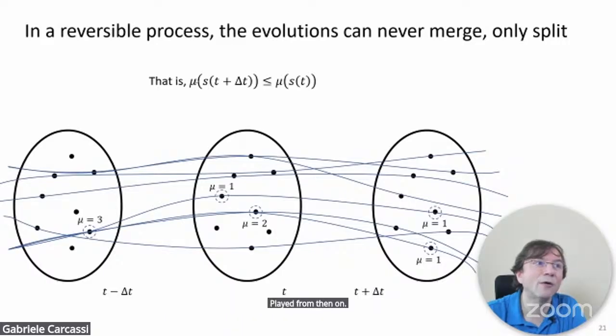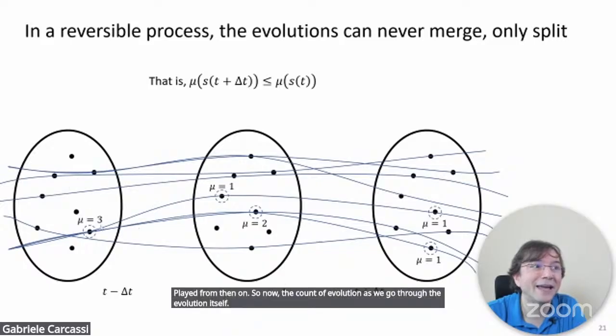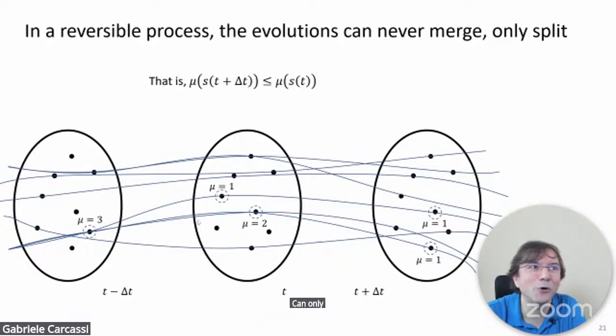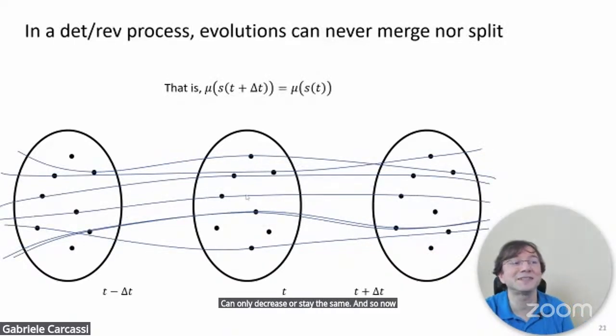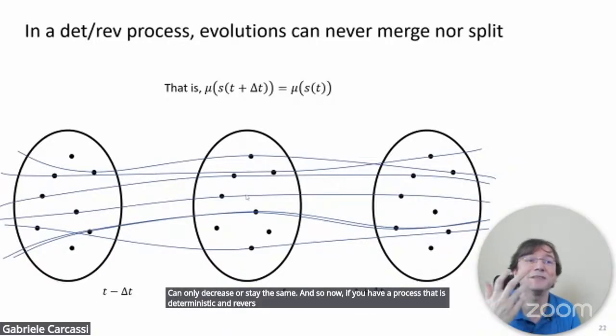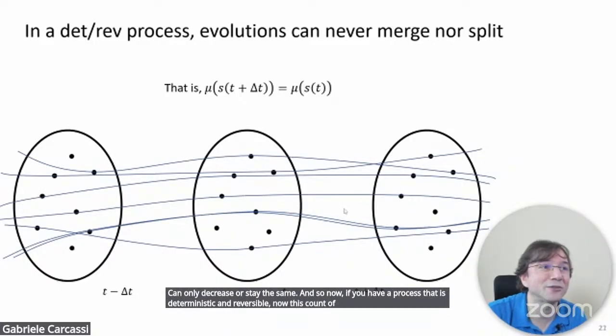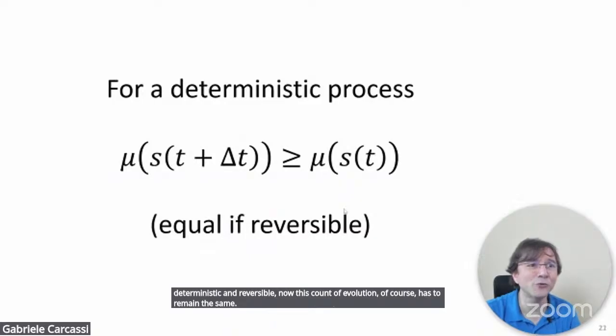So now the count of evolutions can only decrease or stay the same. And so if you have a process that is deterministic and reversible, this count of evolutions, of course, has to remain the same.